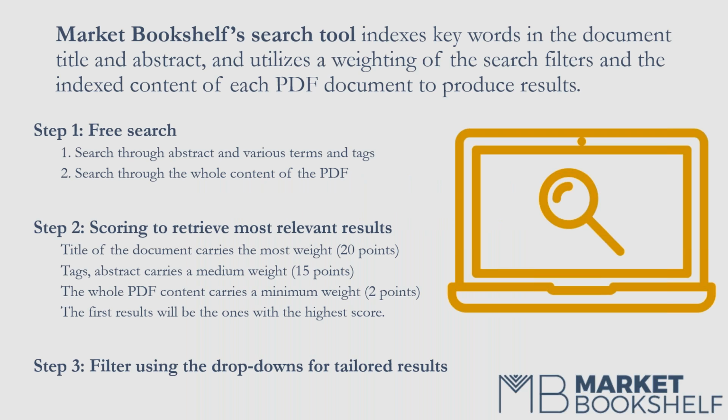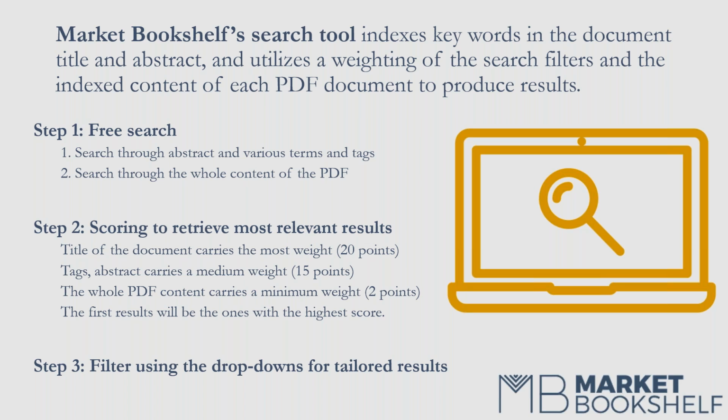The first thing is to share with you a little bit about the search function, and you'll see more of this again in the demo. Essentially, it indexes keywords in the document title and the abstract, and then uses a weighting of the search filters as well as the indexed content to produce the results.